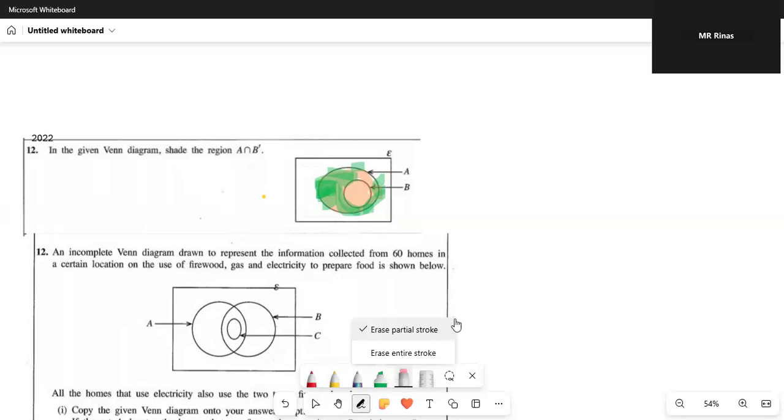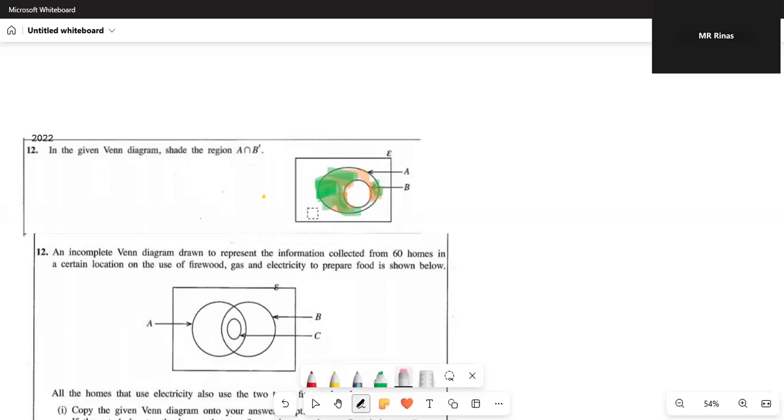So this B circle also, we should not color the circle B also. So this is the way you have to color this, right? Okay, only these portions you have to color.